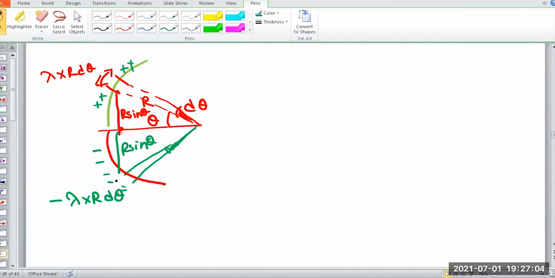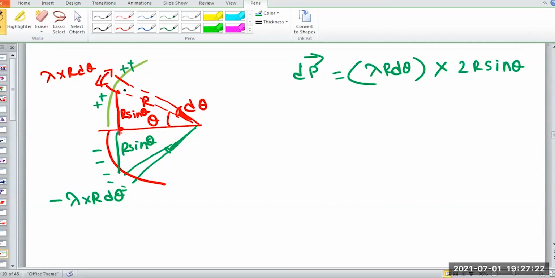So my definition of dipole was small dipole. Why small dipole? Because I'm taking a small section. It was lambda r d theta, that is charge, into the perpendicular distance between the two, that is 2r sine theta. The perpendicular distance between this portion and this portion is r sine theta plus r sine theta, that is 2r sine theta.